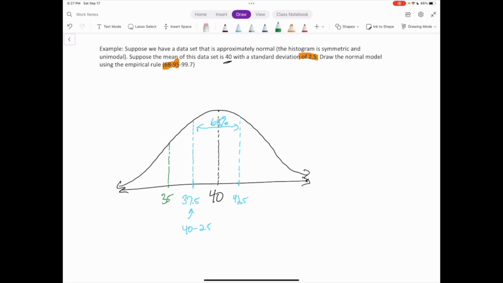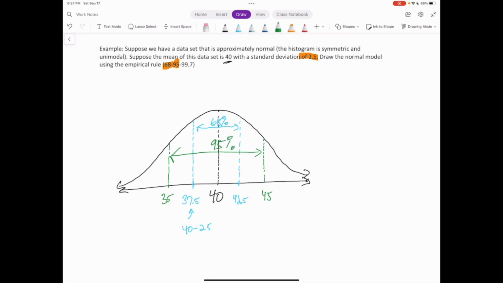And in the same fashion, if I take 42.5 and add another standard deviation of 2.5 to it, I get 45. So between those two green lines, I'm going to have 95% of my data.